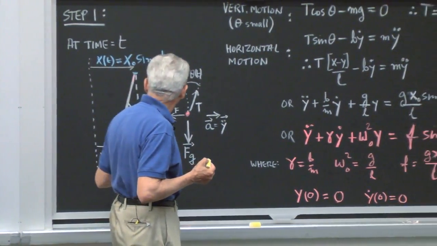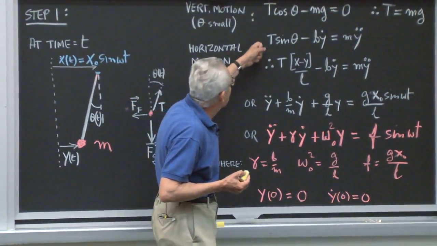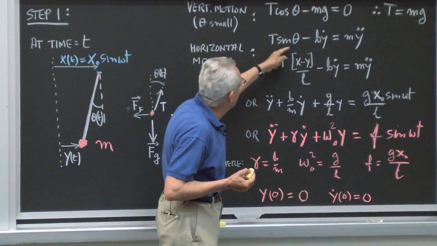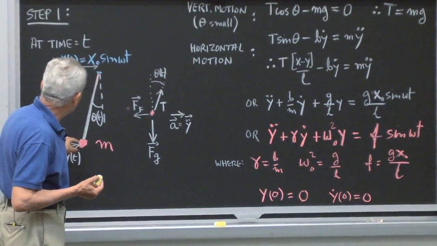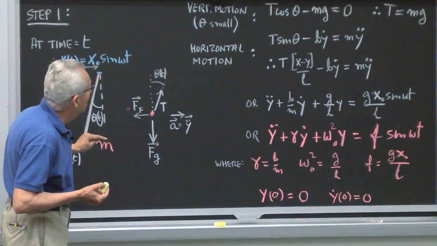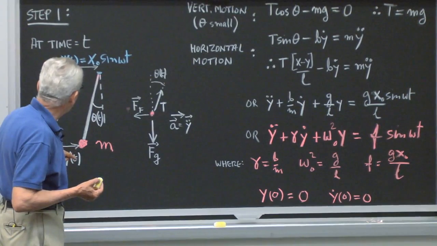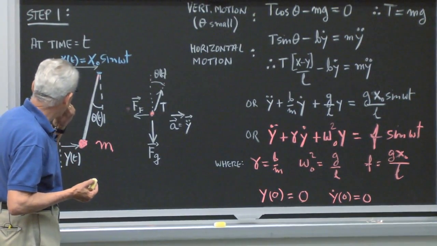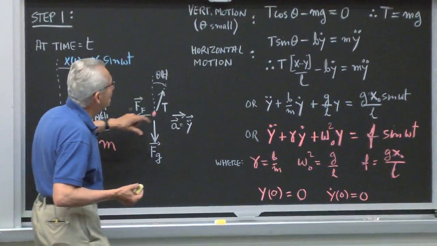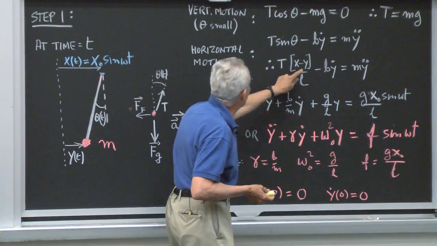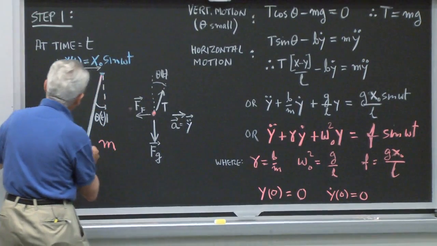Okay, so now I can rewrite this. I know what sine theta is. If I look at this diagram, sine theta is simply equal to the distance x minus y.